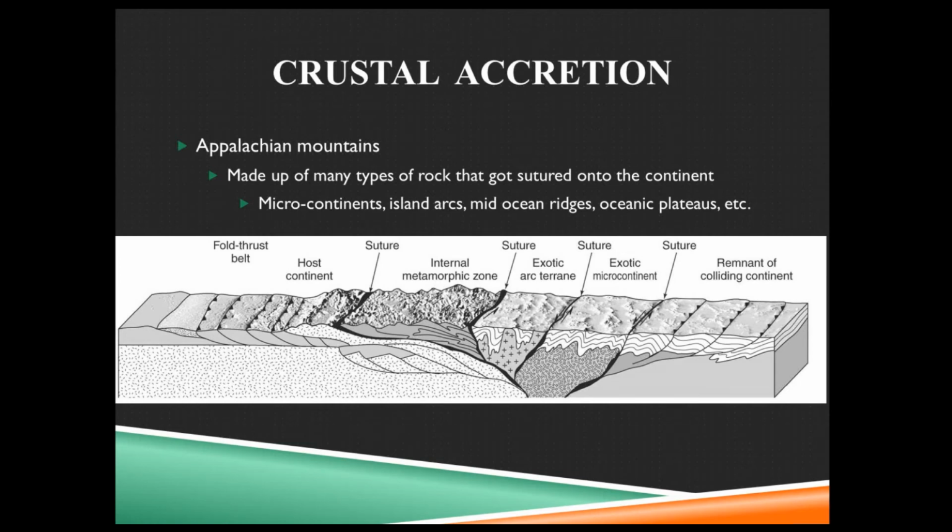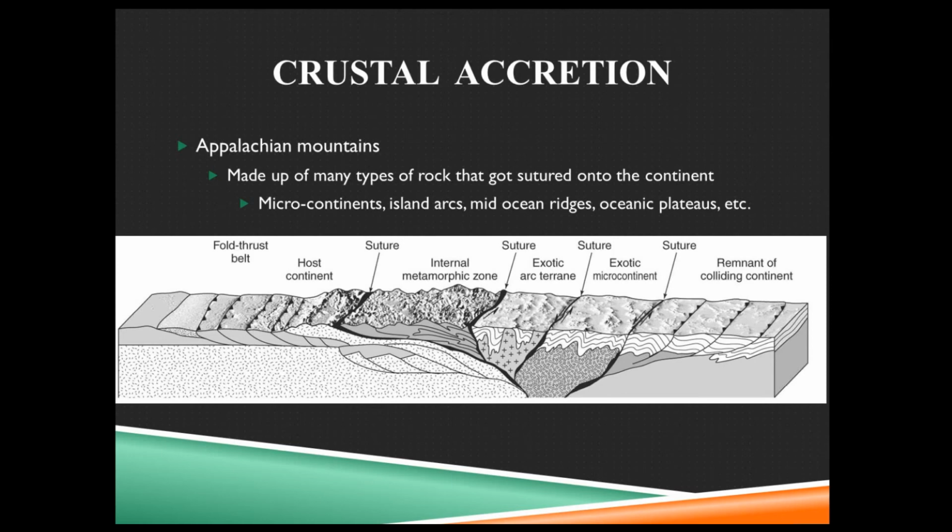Then we have another suture zone with some exotic terrain. This is like maybe an island arc, maybe a microcontinent, maybe some segment of something that had been rifted off but was continental material.